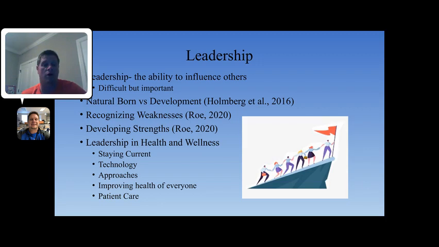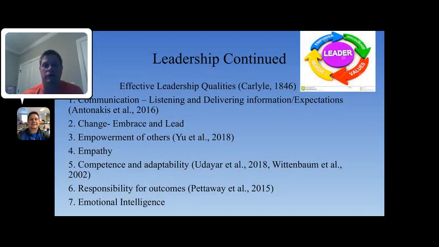Just the approaches overall to health and wellness. What are the current trends based off of recent studies and scholarly materials? Improving health of everyone is a goal. And then, of course, keeping up with patient care, that when individuals get sick, we want to make sure and try to take care of them.